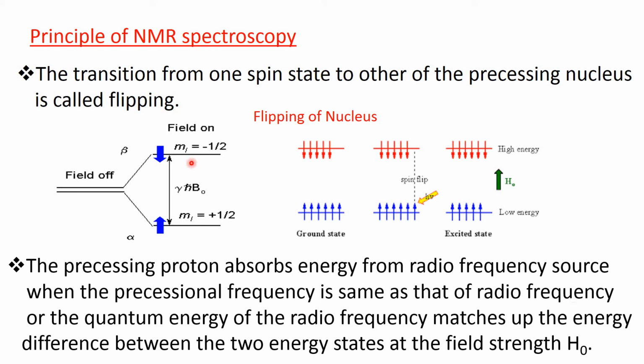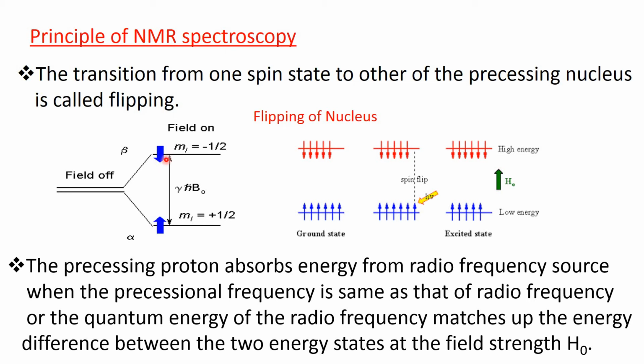For this flipping of the nucleus in NMR spectroscopy, we use radio waves. So when the precessional frequency of the nucleus is equal to the frequency of the radio waves, then only this flipping takes place.